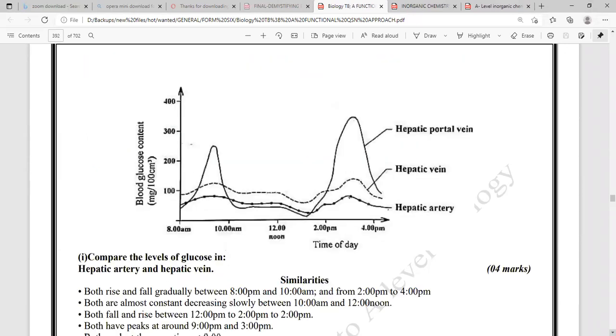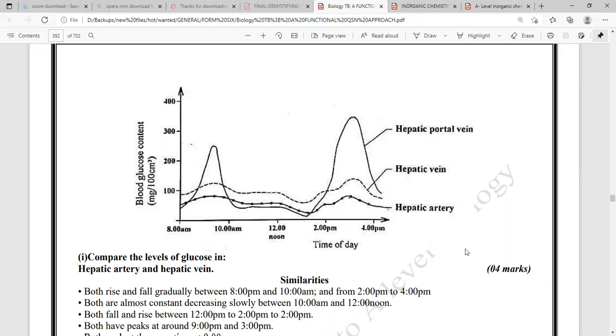We are having blood glucose levels on the vertical scale, then we are having time of the day, and then we have the 3 vessels around the liver.